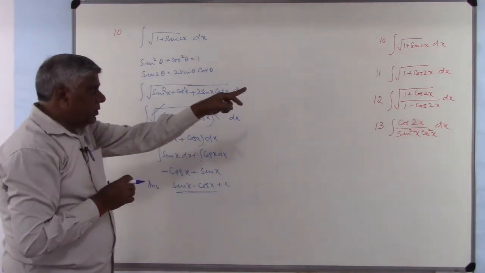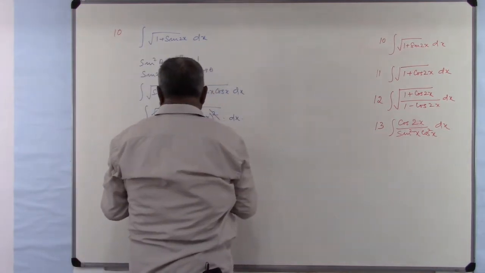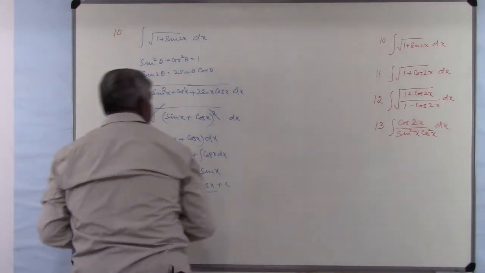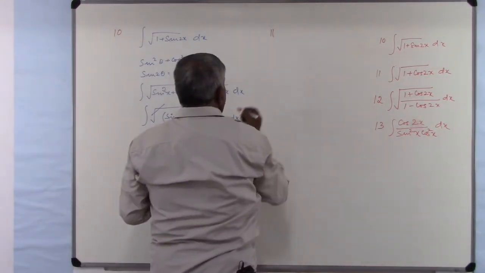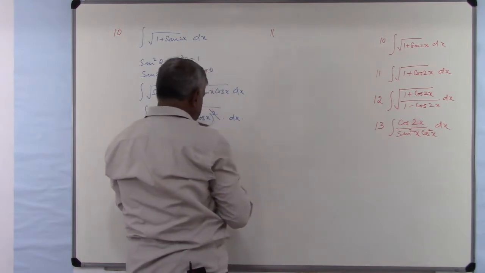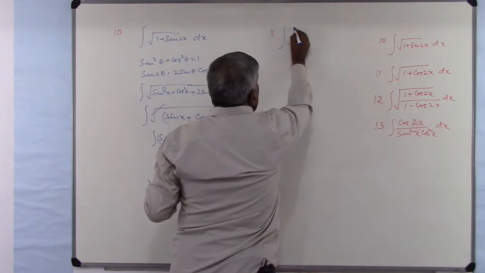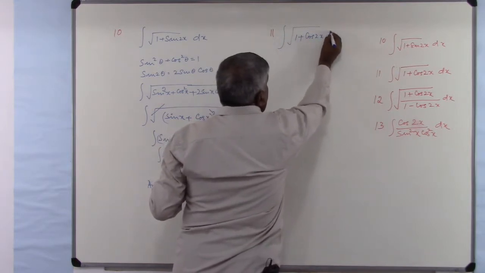Next we shall go to that formula problem. It is the 11th problem. It is integral root of 1 plus cos 2x dx.